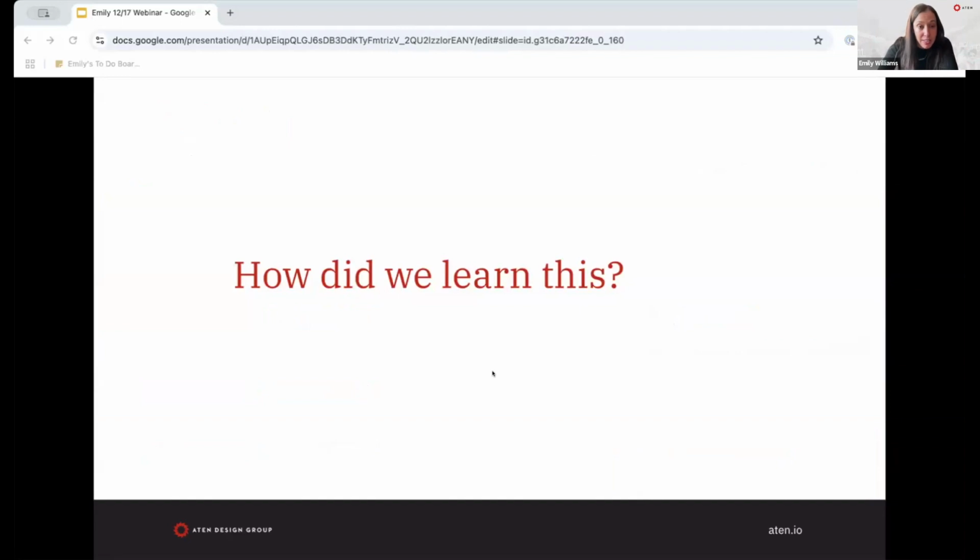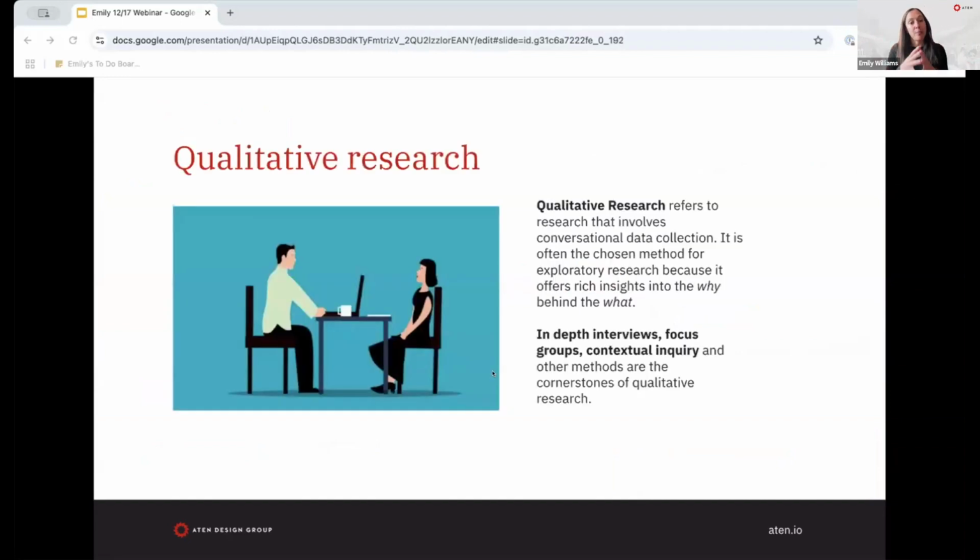So how did we learn this? Well, as I mentioned, we did both qualitative and quantitative research. Qualitative research is the study that is centered around conversational data. So when you need to know the why behind the what, maybe you're curious why people are so interested in parking. We often use qualitative as an exploratory method to get insights.